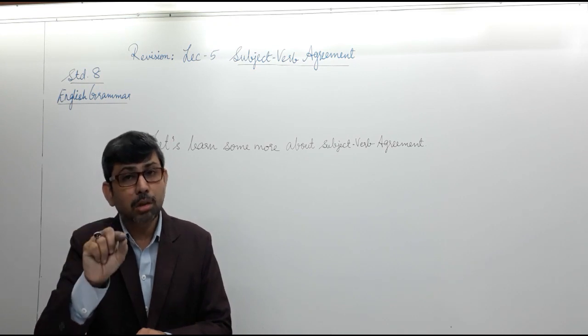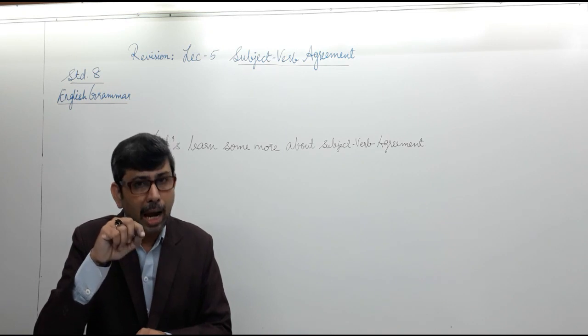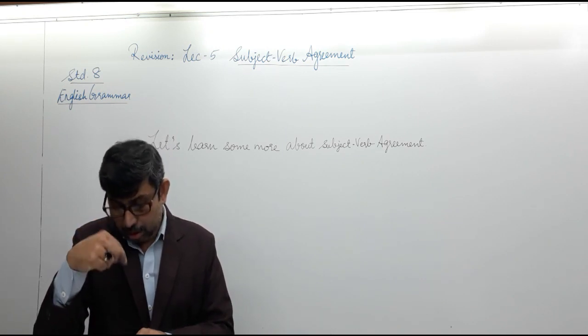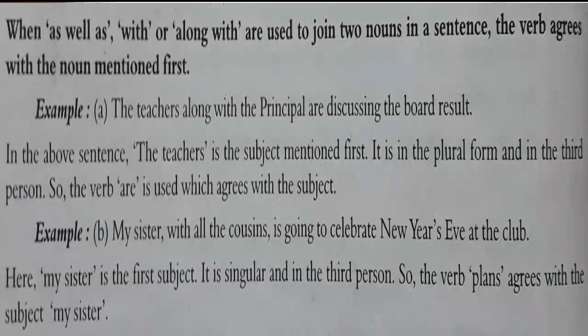But what have we considered? We have taken teachers, which is plural, and to agree with it we have taken the verb are and not is, which is a plural verb. Therefore, the teachers along with the principal are discussing the board results is the way we write it.